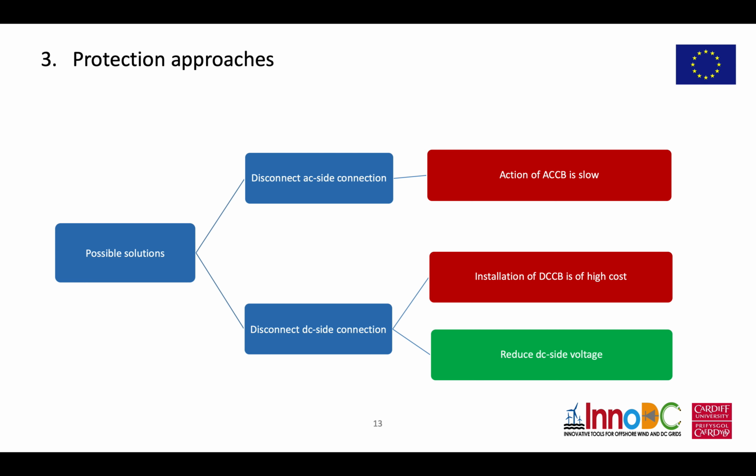The other is to disconnect the DC side connection. But for the first solution, the problem is that the action of the AC circuit breaker is too slow. It cannot protect the MMC converter in time during the valve-side fault.